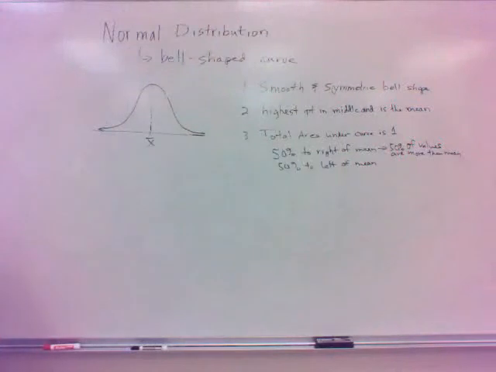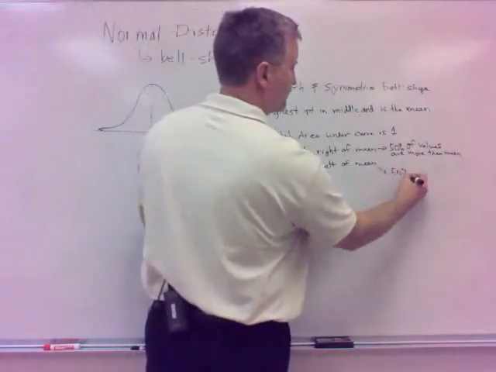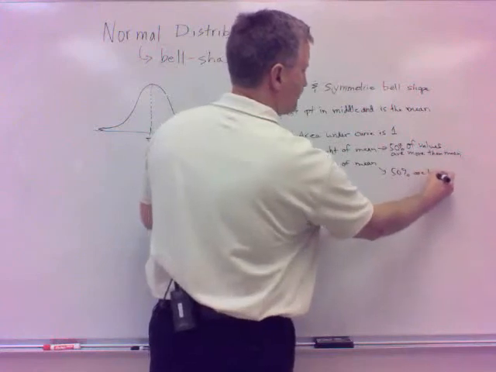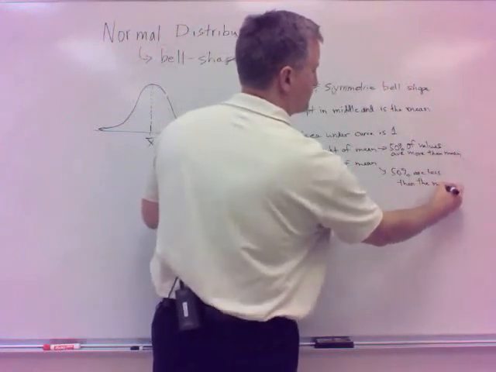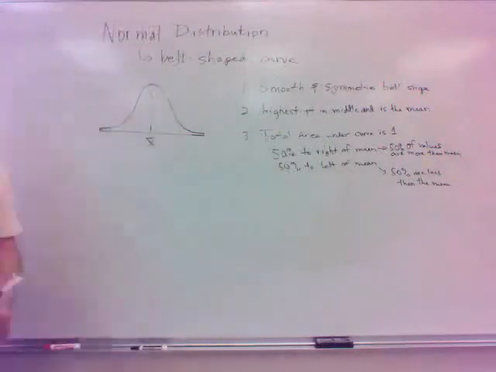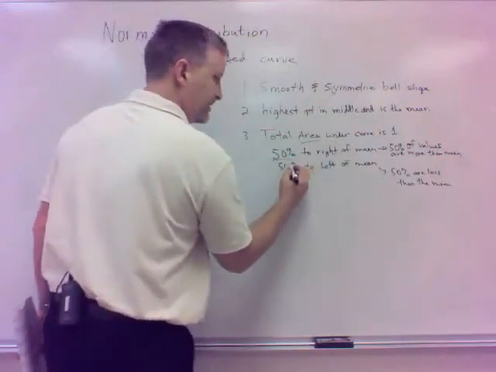50% of the values are more than the mean, and then of course this would mean 50% of the values are less than the mean. Okay? So, make that connection between area and percent.